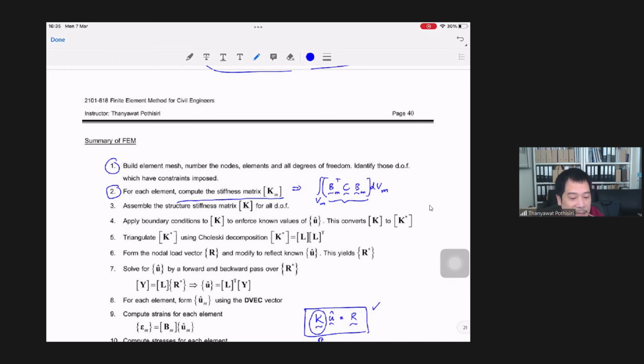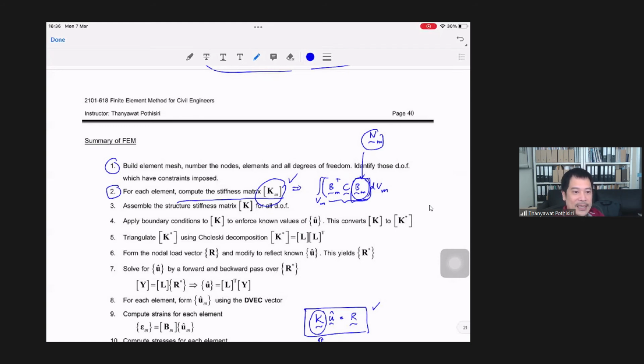Now, in computing the element stiffness matrix, you want to compute the B matrix, and the B matrix comes from the derivative of the displacement interpolation matrix. So if you know this, then you can get this and you can compute this. So those are the steps that we want to follow.